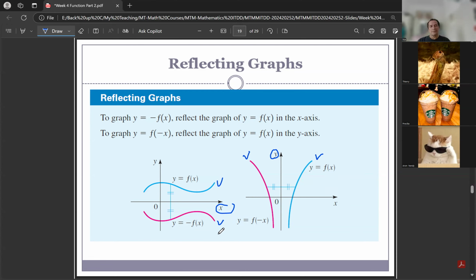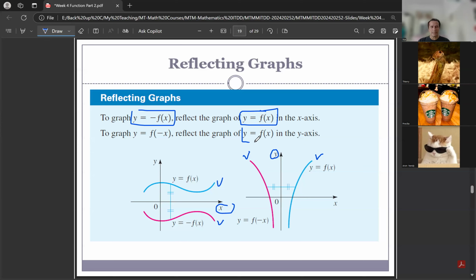And what happens in the mathematical symbols about reflecting? This is the original graph, and if f(x) is multiplied by -1, it means that we reflect the graph in the x-axis, so the x-axis will be the mirror.